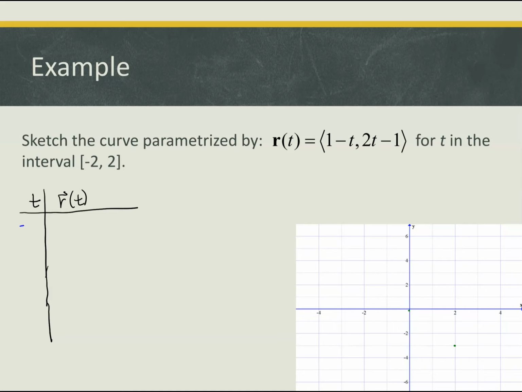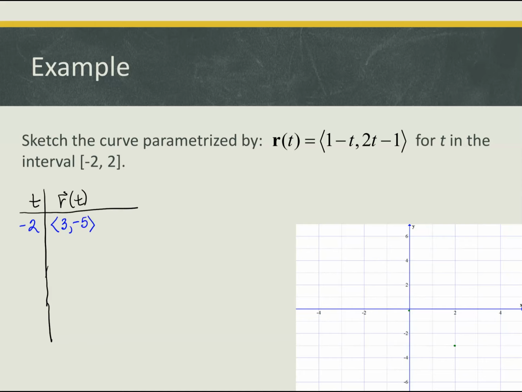So let's start with t equals -2. If I evaluate r of t at t equals -2, I get 1 minus -2, which is 3 for my x component, and 2 times -2, which is -4, minus 1, -5 for my y component.